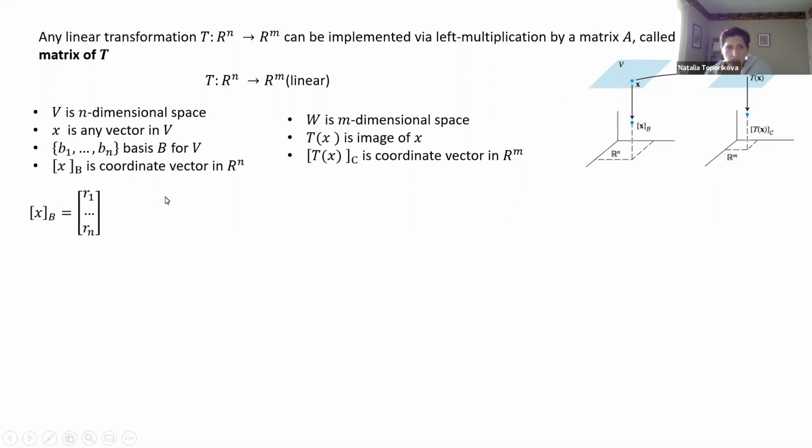Okay, let's start thinking about it. We have our vector x written in the basis B. We can write down our original vector x using this basis and the coordinates as a linear combination: r1 b1 plus all the numbers until we reach rn bn.